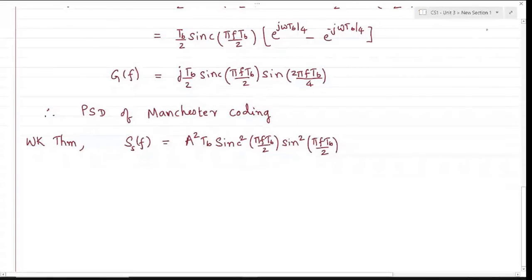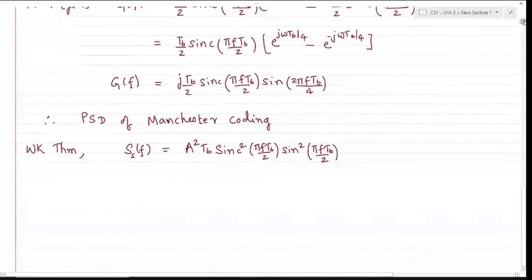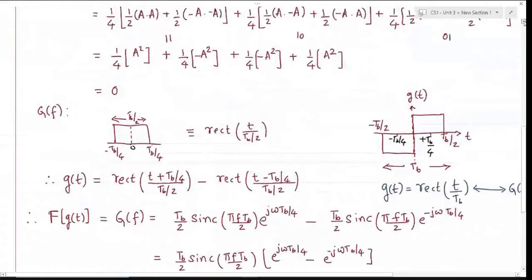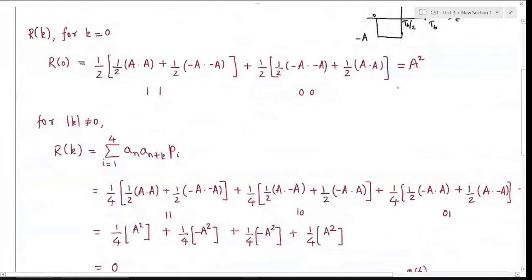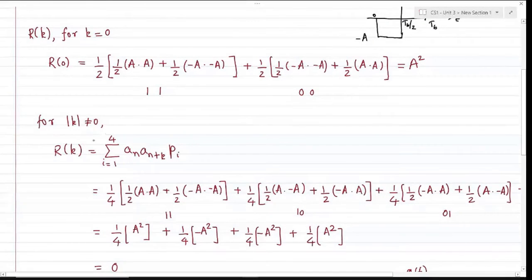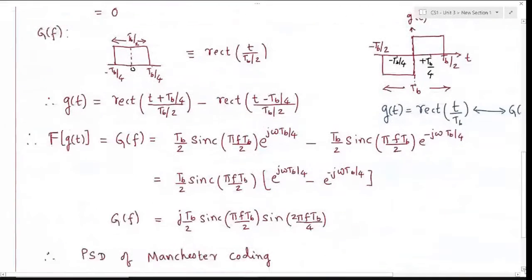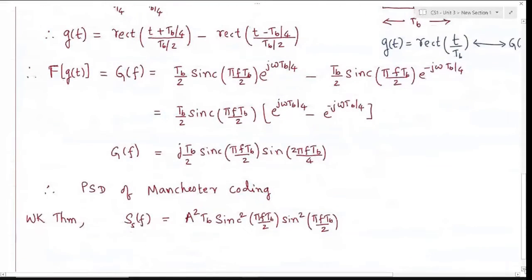Okay, so this is the final expression for power spectral density, as the autocorrelation function exists only for k equal to 0 with an amplitude of A square, which I've corrected. For any other value of k, the autocorrelation function is 0, and hence there is no summation part, unlike your unipolar NRZ.